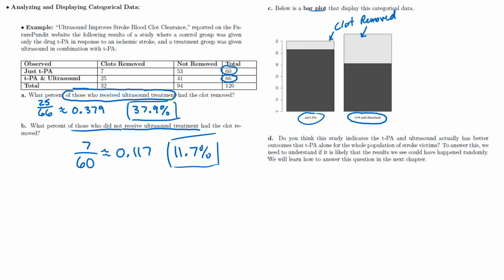All right, so finally, here's a question that is going to springboard us into our next chapter. So the question is, do you think this study indicates the TPA and ultrasound, so the treatment, actually has a better outcome than TPA alone, so the control, for the whole population of stroke victims?